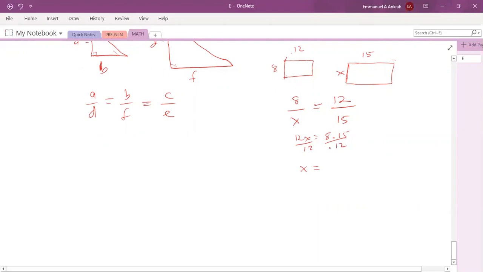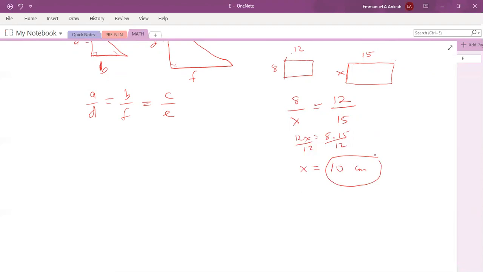You're allowed to use a calculator, so maximize the use of it. You should get 10 centimeters. So that'll be B.